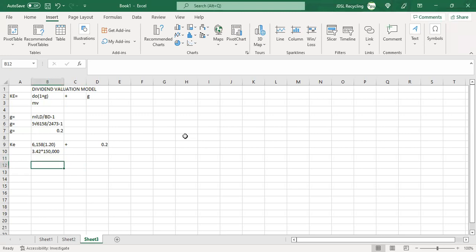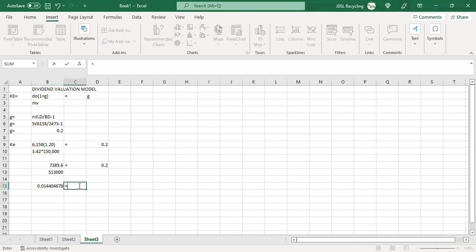Are we there? 6158 multiplied by 1.20. Then we have 3.42 multiplied by 150,000. So this plus 0.20. So here we are going to have 7389.6 divided by this value here, plus 0.20.